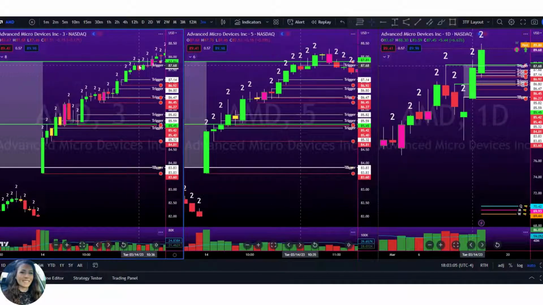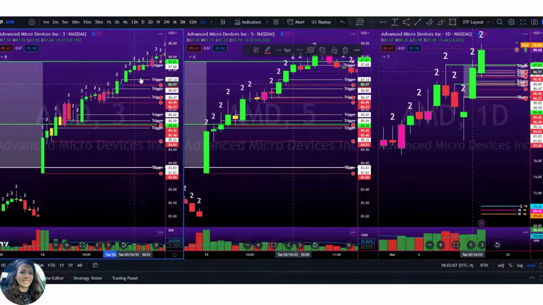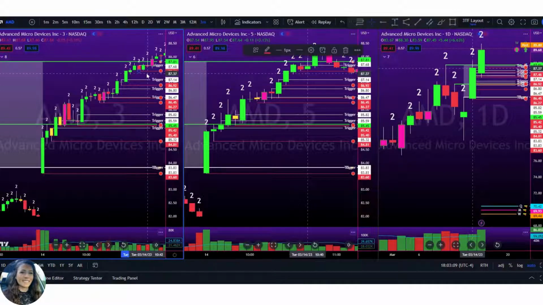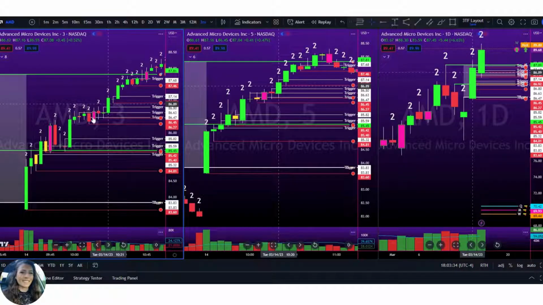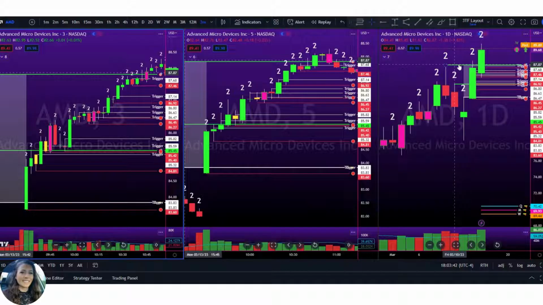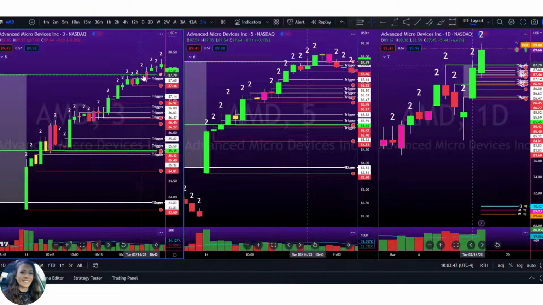So we have one last little way in. Boom. So we had 1, 2, 3, 4, 5, 6, 7, 8, 9 ways to get in and participate in this move with clear stops. And then boom, once you hit your daily pivot high target, that's of course where you want to fully exit.